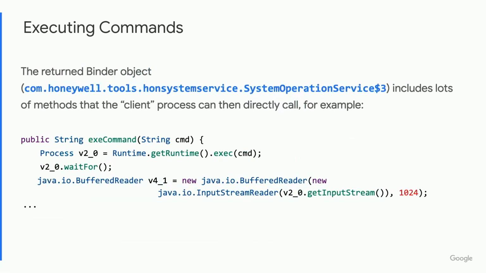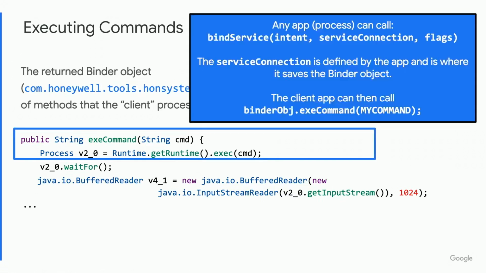The binder was this SystemOperationService$3 class, which defines a whole bunch of methods that the client process, which has requested that binder object, can directly call. And it had a lot of methods that were defined to be able to be directly called.